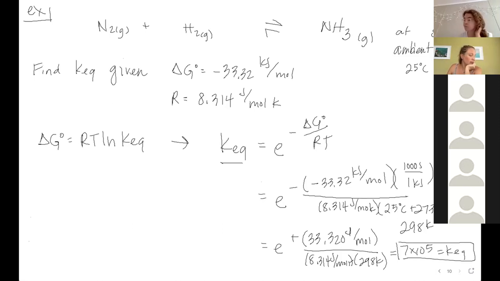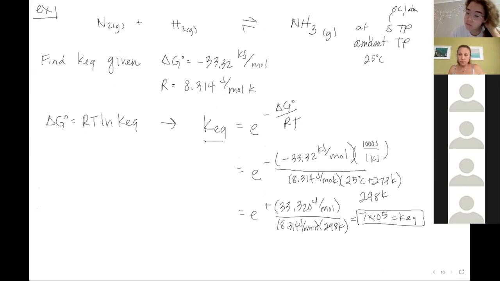So is this value considered to be a high KEQ or a medium KEQ or a low KEQ? Yeah, so this is a high KEQ. This is very high, and this is going to be considered all products.